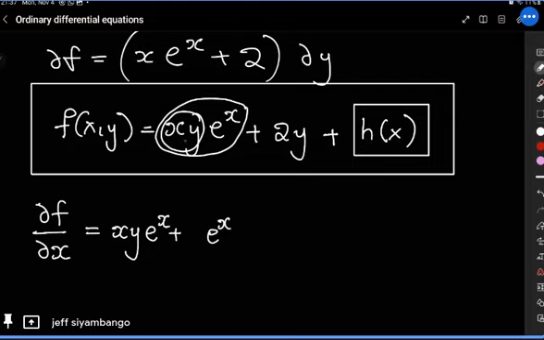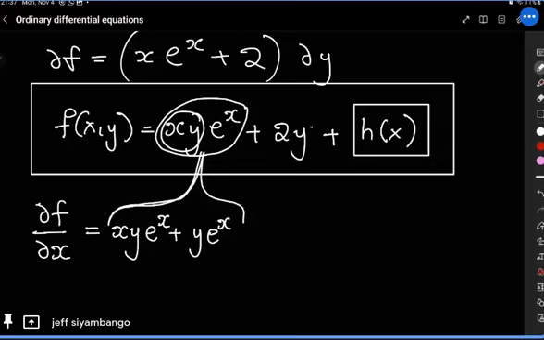When I differentiate xy with respect to x, the solution will be y. I hope you are able to follow that product rule differentiation there. So that concludes the partial differentiation of that expression with respect to x.